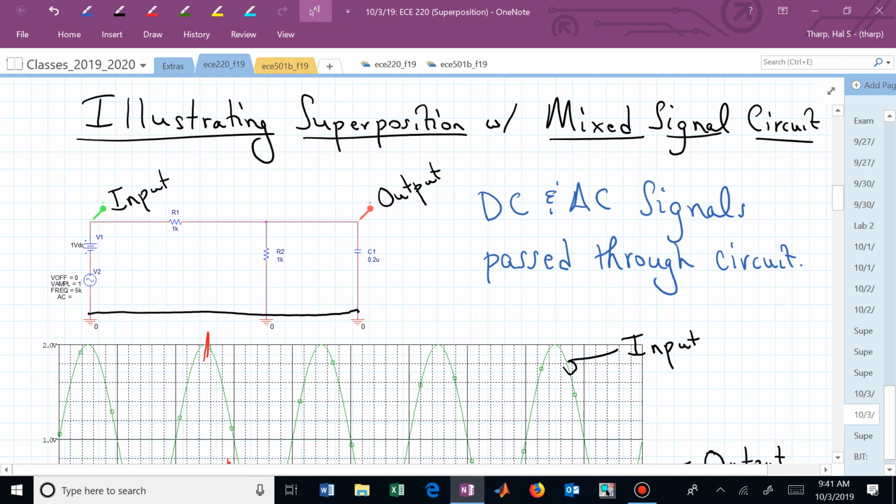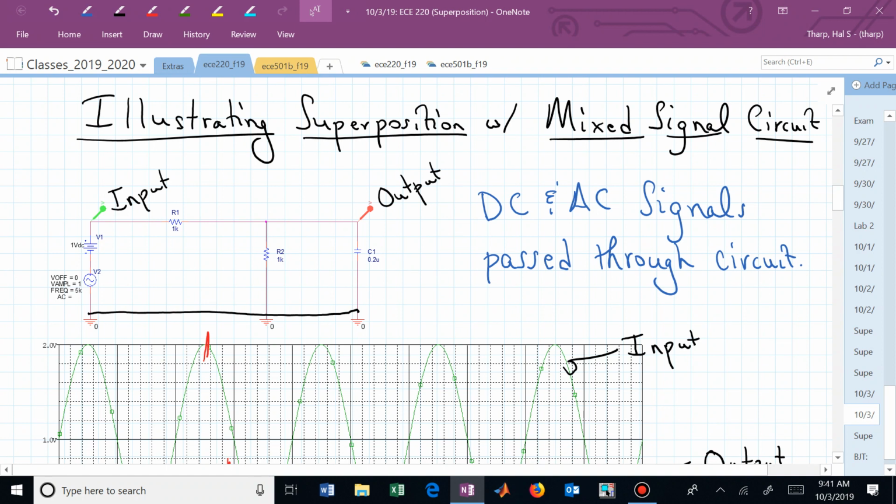When we just have the DC source applied to the circuit, what's the capacitor doing? It's basically not there. Now we can go back to what we've been doing all semester and analyze this circuit as a voltage divider with a DC source.